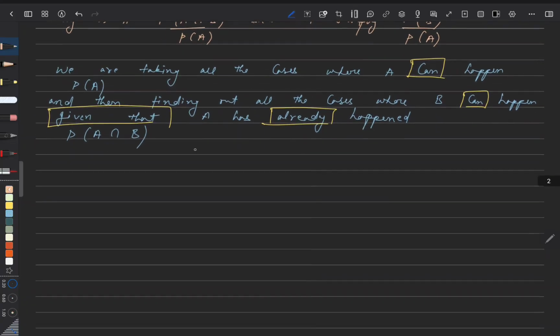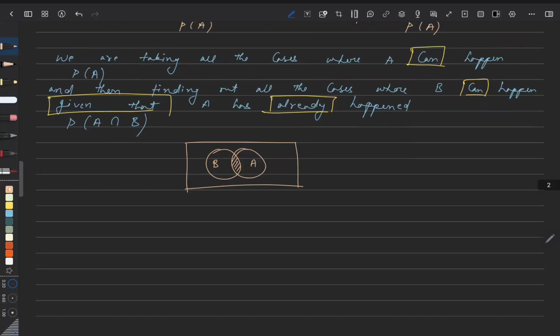So if I draw a quick Venn diagram, this is A, this is B, and then this is A and B. To find out the probability of B given A has already happened, we need to first find P of A intersection B, which is this part, and then divide over all the ways that A can happen, which is this whole thing.